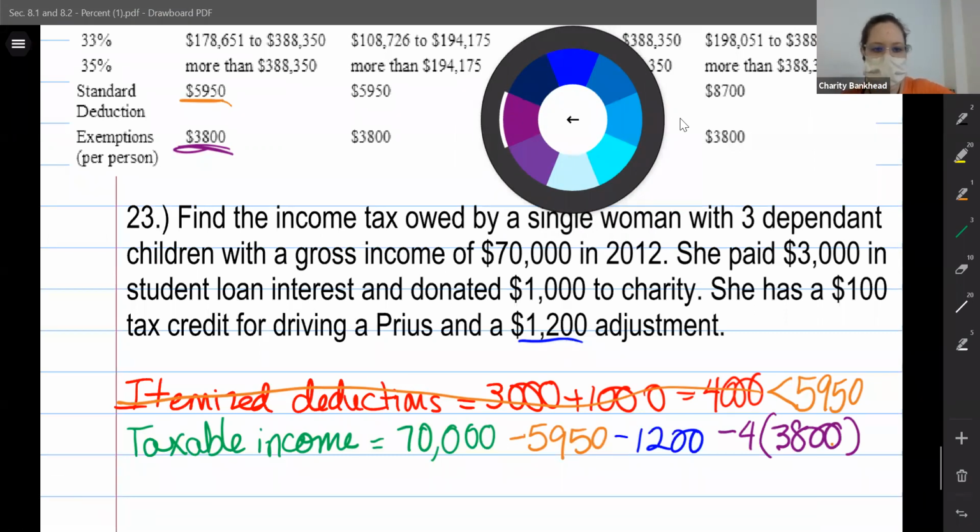All right, so we calculate that and that will be her taxable income. So 70,000 minus 5,950 minus 1,200. On your scientific calculator, you can just type it in exactly the way that I wrote it down.